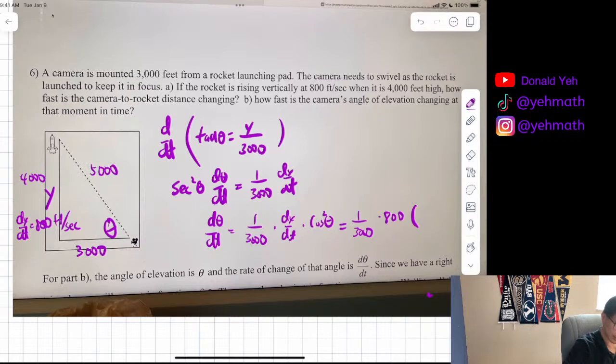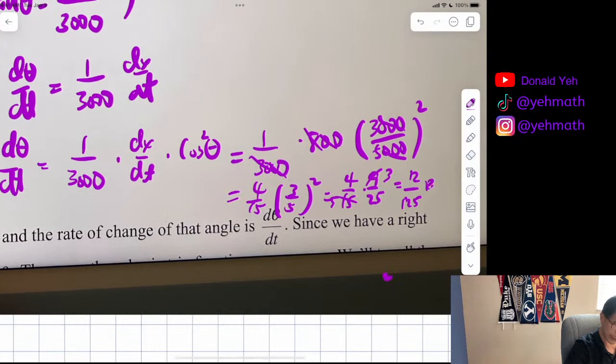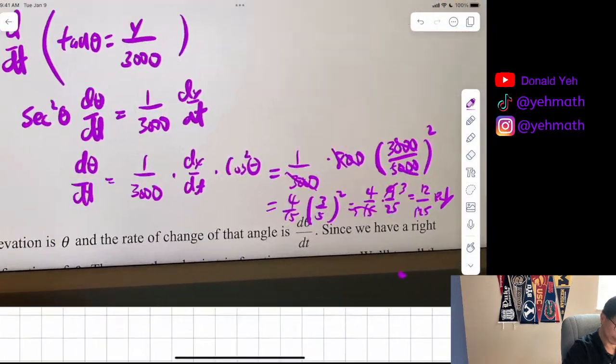So cosine is 3000 over 5000, squared. The zeros cancel out, and this becomes 4 over 15, times 3 over 5 squared, which is 9 over 25. 4 over 15 times 9 over 25, I can simplify, is 12 over 125 radians per second.